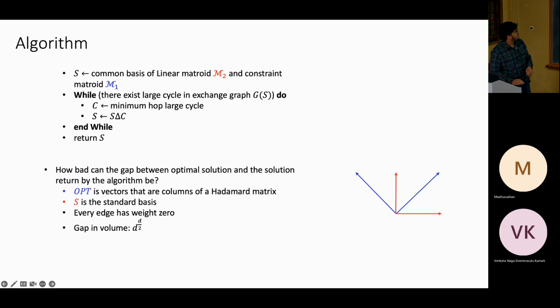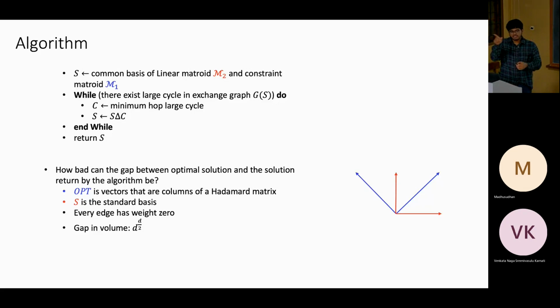And you can ask, how bad can the gap between optimal and the algorithm be? Can the algorithm really do D to the D bad? And the answer is yes. If the optimal vectors are situated in the Hadamard position and your solution is the standard basis, then any exchange does not change the volume. If I throw away any standard basis vector and add in any Hadamard vector, the volume stays 1.